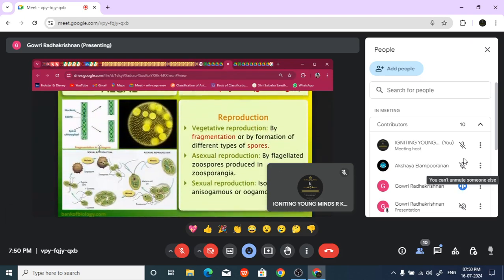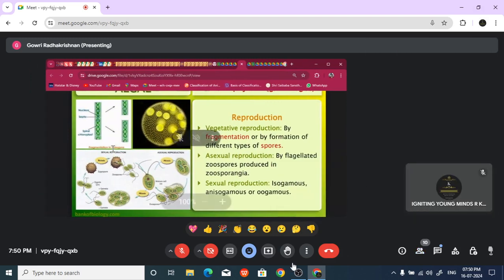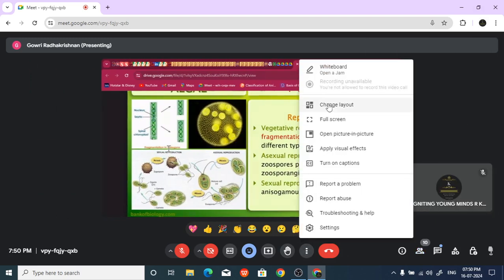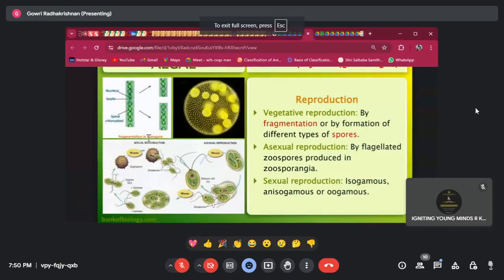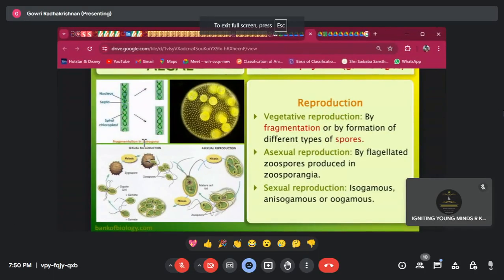And then reproduction. Vegetative, asexual and sexual. All three happen at different levels. Vegetative reproduction is by fragmentation or formation of different types of spores. Asexual reproduction is by flagellated zoospores produced in zoosporangia.